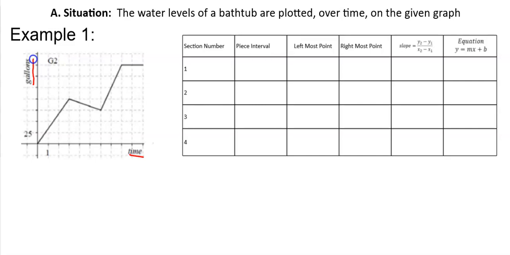So it looks like our time is going in increments of 1, maybe 1 minute. So 2, 3, 4. And then our y-axis, our gallons, are going by 25s. It's just going to help us out to have those written in.